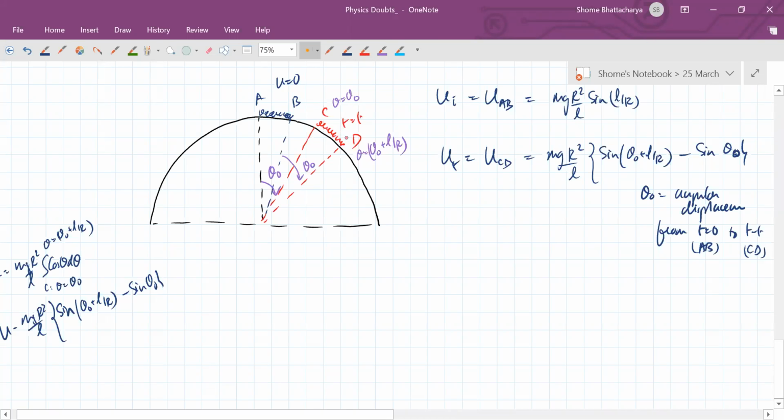By this time it has now got some linear speed v. So now change in kinetic energy plus change in potential energy should be equal to 0. So half mv square should be equal to U initial minus U final.